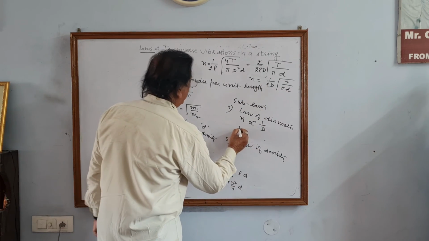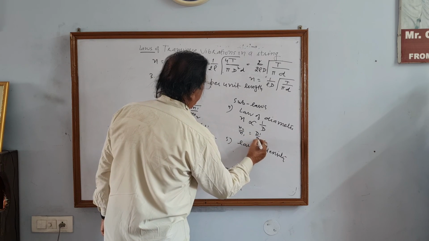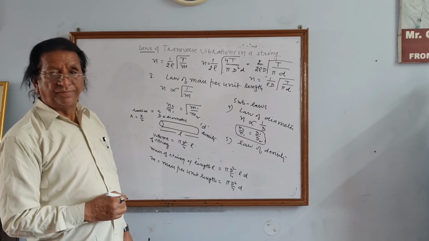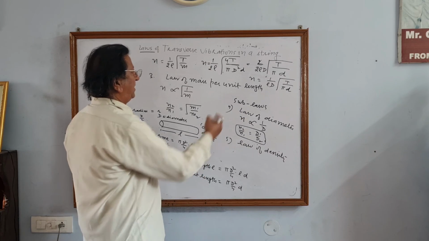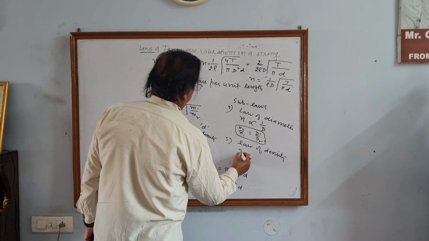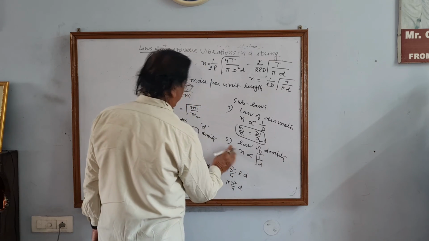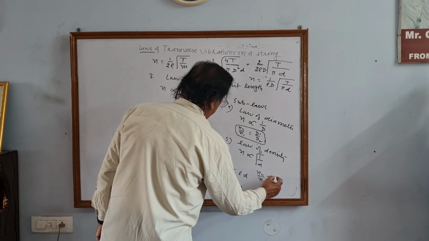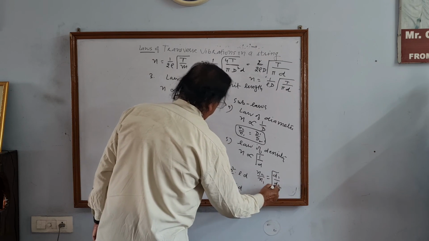Or you can write n2 by n1 will give you D1 by D2. This is the law of diameter. Similarly, law of density: fundamental frequency is inversely proportional to square root of density of the material of the wire. n2 over n1 will be square root of d1 by d2.